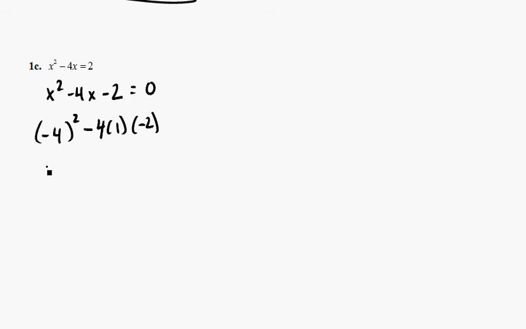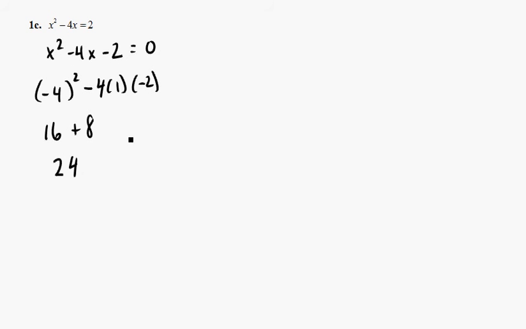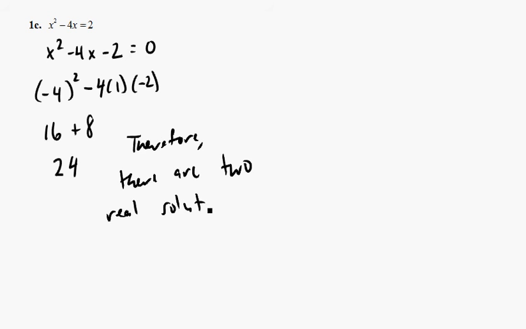So negative 4 squared is 16, minus 4 times 1 times minus 2 is plus 8, and the discriminant is 24, which is positive. Therefore, there are two real solutions to this equation.